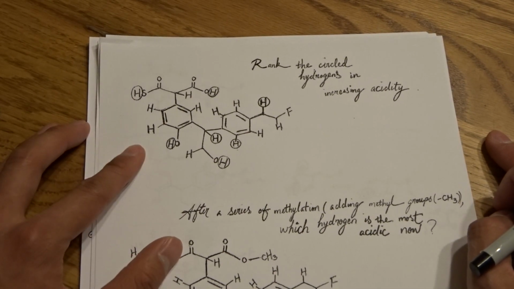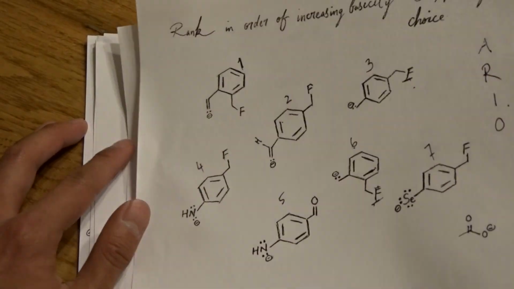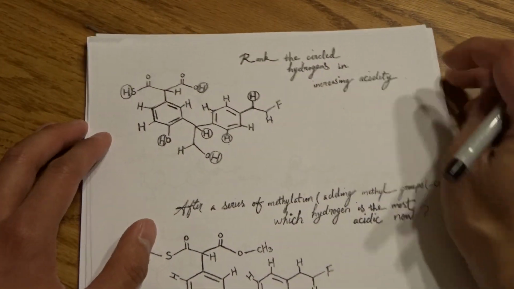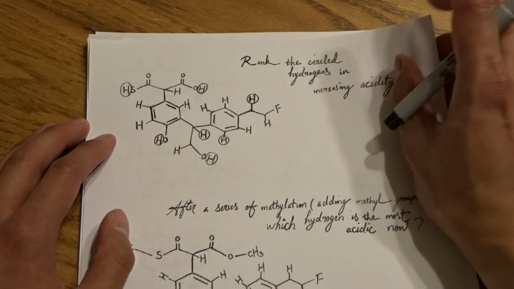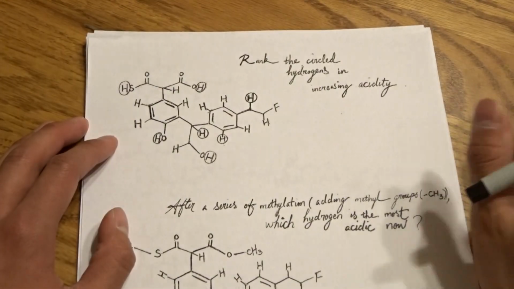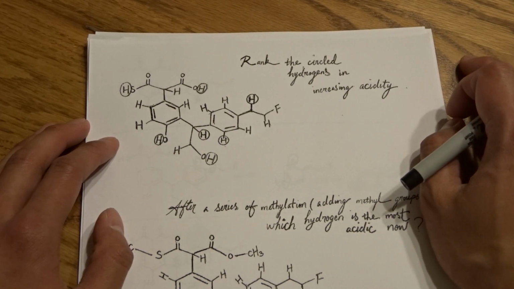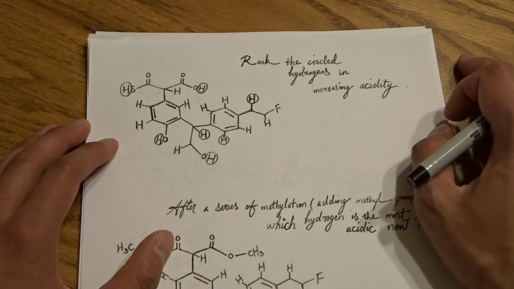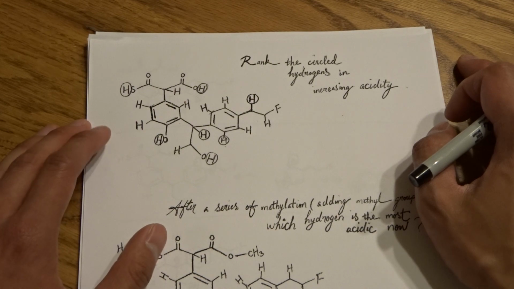And you apply ARIO the same way, whether it's among different molecules or just within the same molecule. Okay, so let's just keep ARIO in mind and apply it to the different hydrogens within the same molecule. All right, so again, to use ARIO, you need to make sure that your hydrogens are pulled off and that you're looking at the conjugate base, okay?